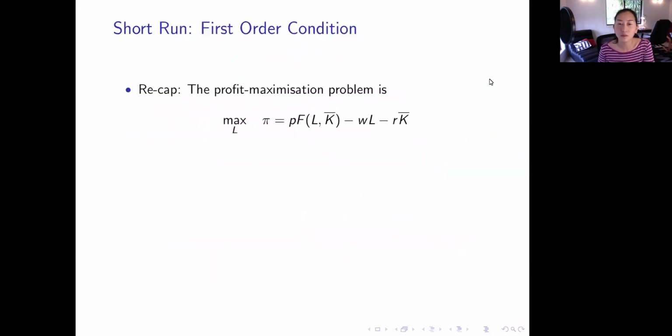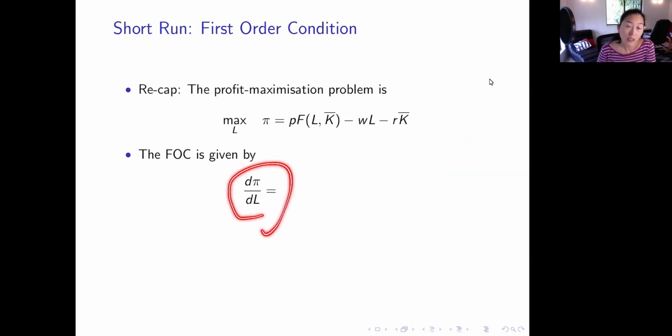Just some little details that you have to be a bit careful about. Okay, so we are maximizing this profit function, and to do that we can obtain the first order condition, which is the derivative of this profit function with respect to our choice variable L, and set it equal to 0. So this one we get P times MPL less the wage bill must be equal to 0, right?